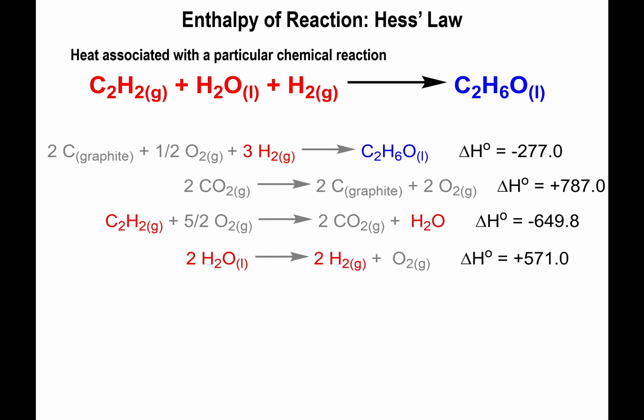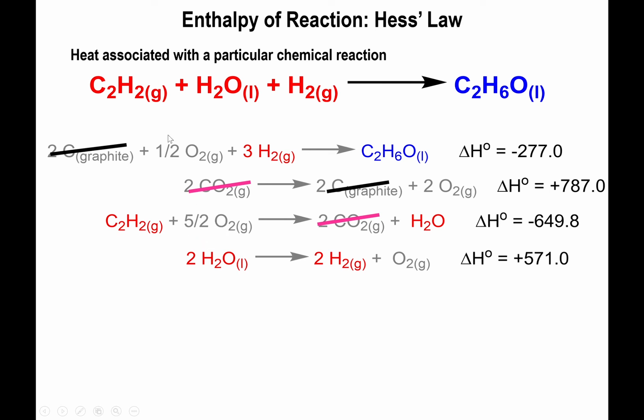So what happens now is that the 2 graphites cancel out with the 2 graphites, since they're on opposite sides. Also, the 2 CO2s cancel out because you have CO2 on the left side and CO2 on the right side. Now, if you look carefully, you have half an oxygen on one side and 5 halves oxygen on the left side.